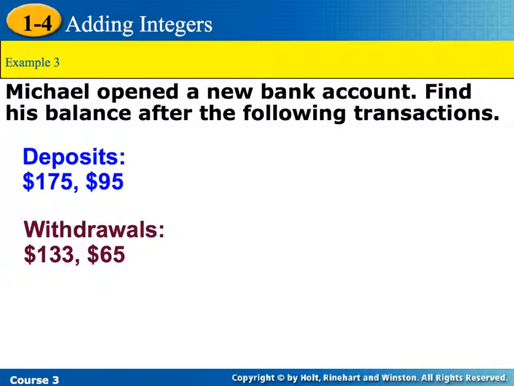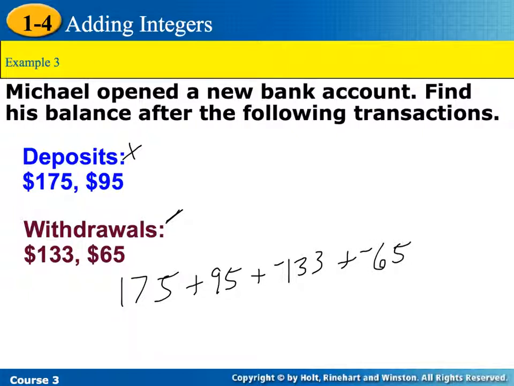All right, so if I look at deposits and withdrawals, basically I'm going to be adding all of these up. However, my deposits make my bank account go up, so I always like deposits to be positive. Because withdrawals make them go down, those are negative. So I take 175 plus 95 plus a -133 plus a -65, and I'm going to be finding my answer.